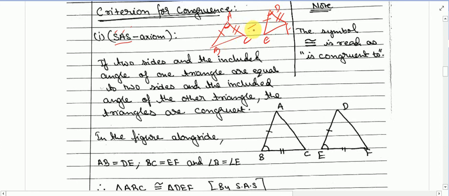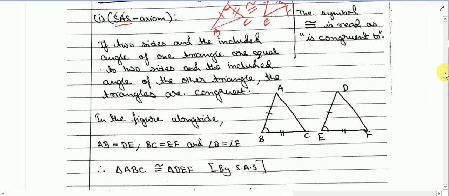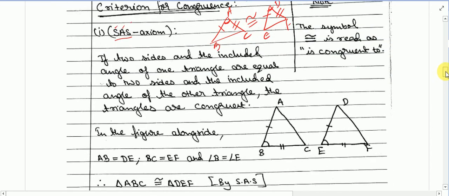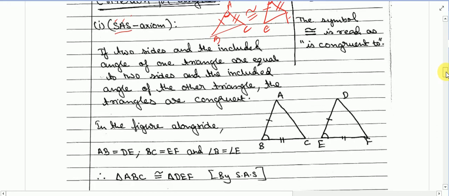Then we say that these two are exactly the same, or congruent to each other. This was the first condition. If you see this happening for two triangles, you can easily say they are congruent.